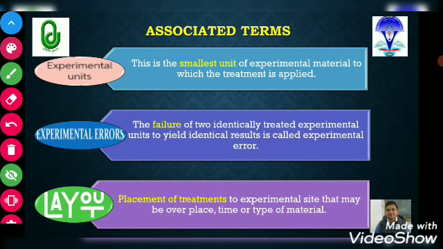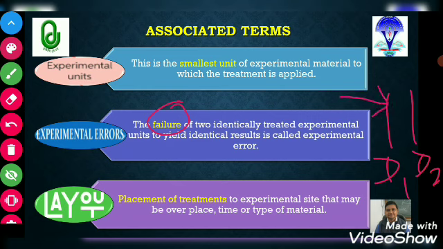What is experimental error? You just try to understand: the failure of two identically treated experimental units to yield identical results. Suppose you are having two animals, dog 1 and dog 2. You applied the same quantity of drug T1 on D1, and here also you applied the same quantity of drug T1 on D2.